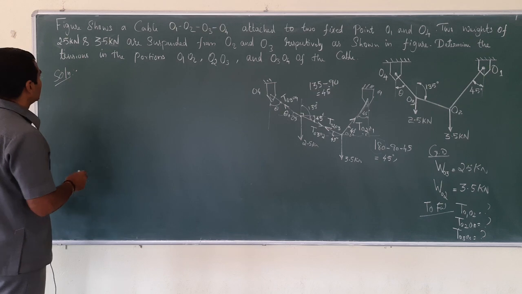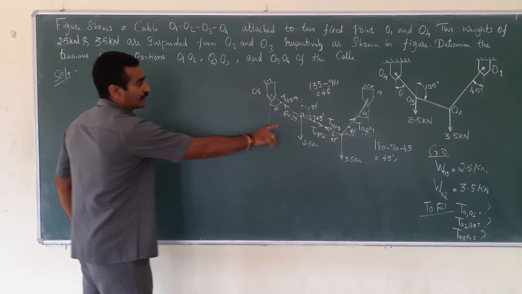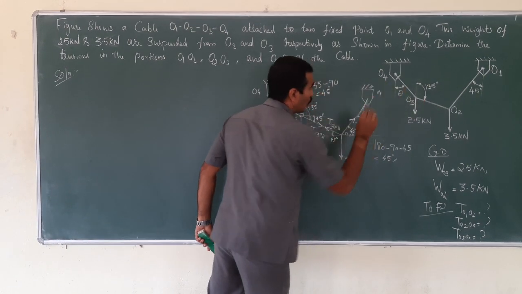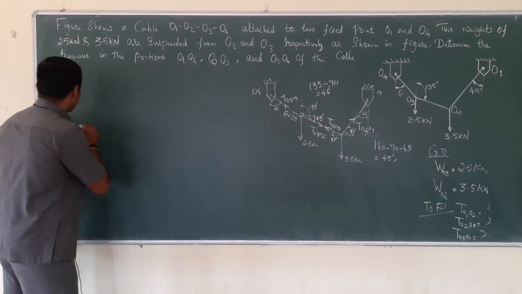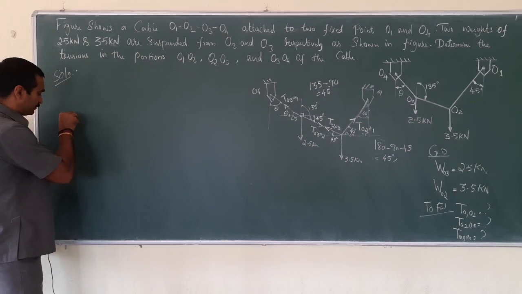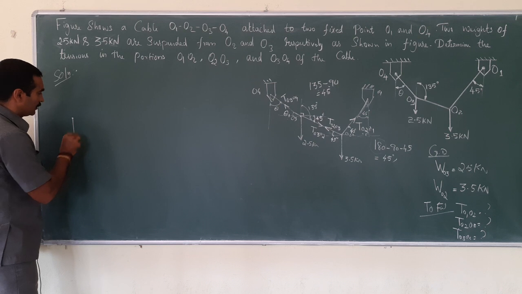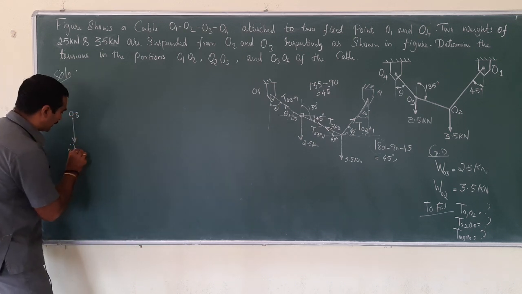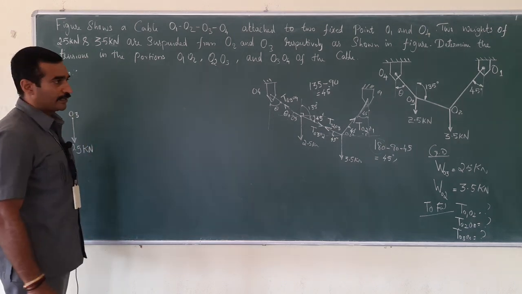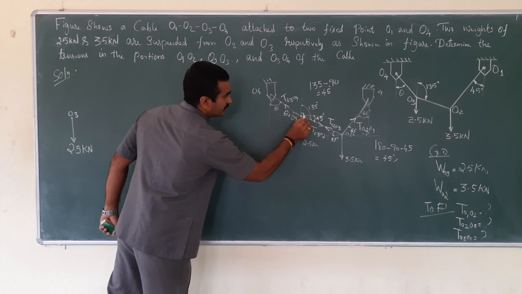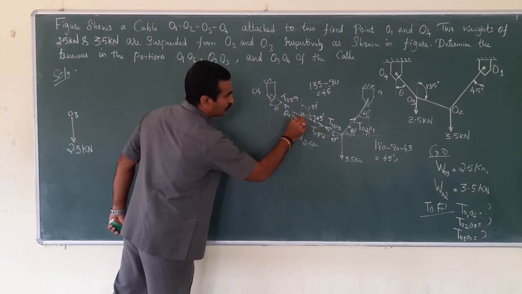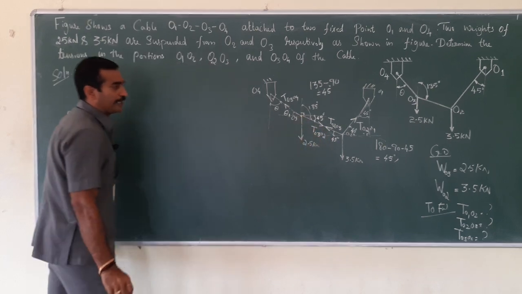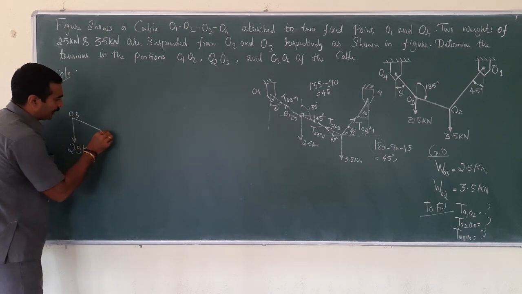FBD for the first one, let me just consider this point O3. This is O3. Assume this is O3. And the weight acting at O3 is 2.5 kilonewton in magnitude. Got it? And a tensile force which is acting from this O3 as TO3 O2.